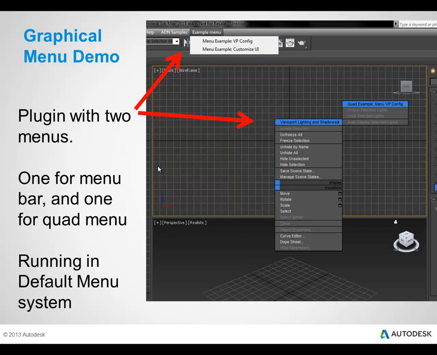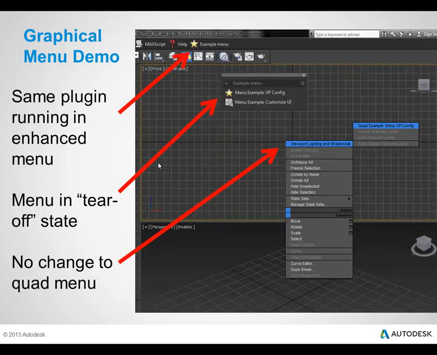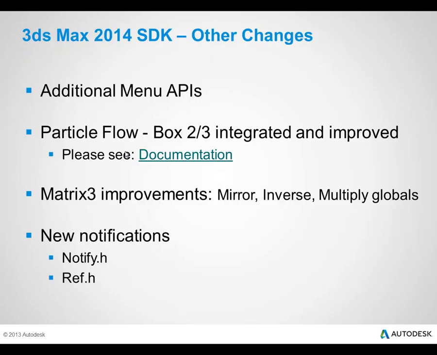In the new system, if you turn on the graphical menu, you're going to see a much more robust menuing system. This is not the default state, but as soon as your plugin switches to the enhanced menuing system, it's going to start taking on this new look. So just be aware that if your users are using the enhanced menuing system, you may need to check and test it.